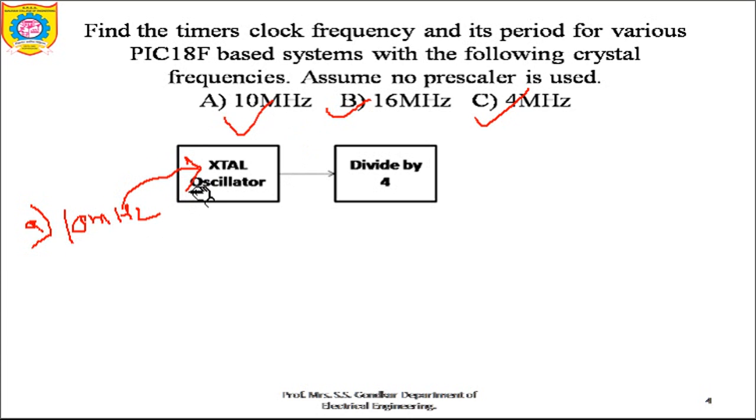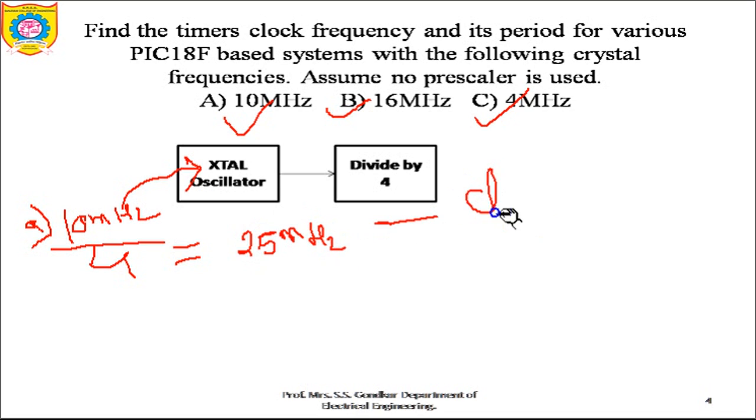So 10 megahertz frequency divided by 4. What we will get is 2.5 megahertz. This is the clock frequency.